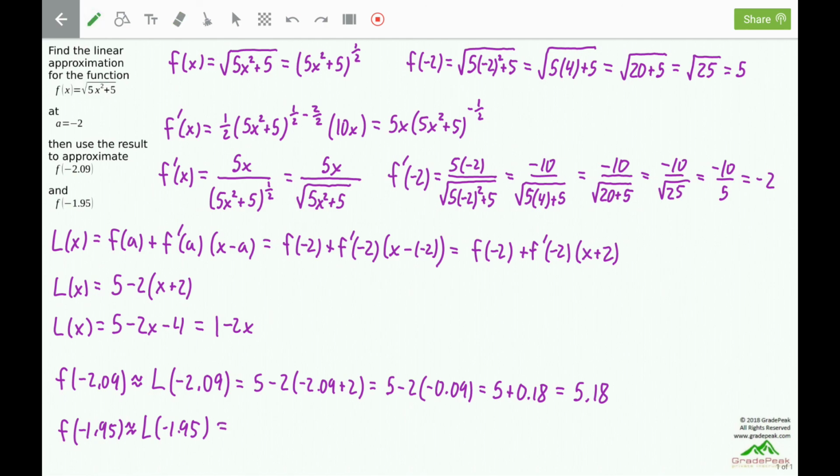Again, using the same form, we'll come out to 5 minus 2 times negative 1.95 plus 2, and negative 1.95 plus 2 is a positive 0.05, which will give 5 minus 2 times 0.05, which is negative 0.10. And 5 minus 0.10 will come out to 4.9.